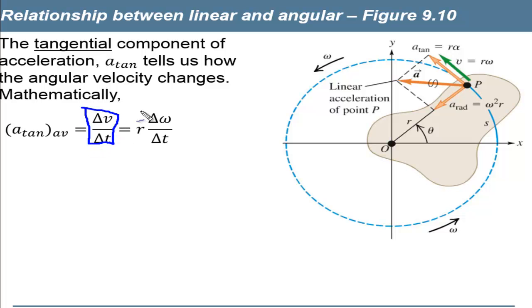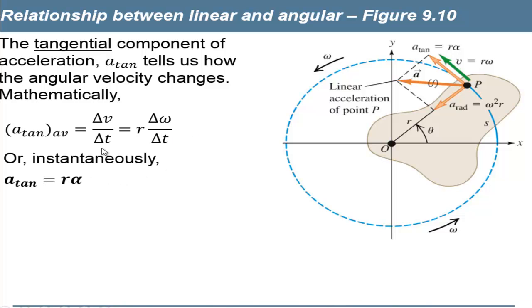But change in velocity, delta v, is actually r delta omega, the radius times the change in angular velocity, as we said on the previous slide. But we also have a definition for delta omega over delta t, and that is alpha, the angular acceleration, as we defined previously.